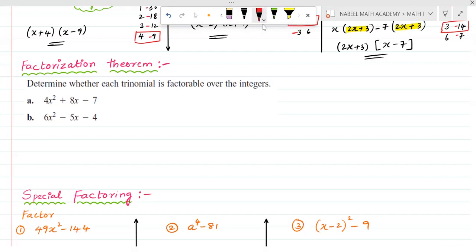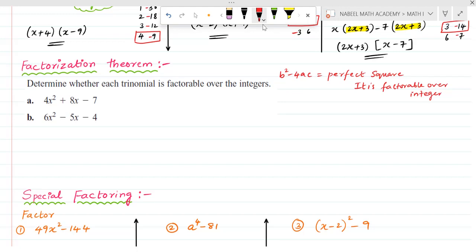What does the factorization theorem say? If b square minus 4ac equals a perfect square, then it is factorable over integers. If it is not, it is not factorable.